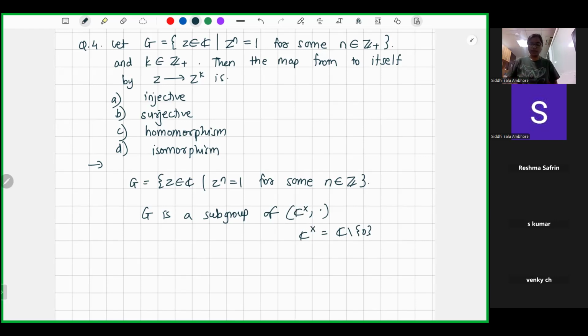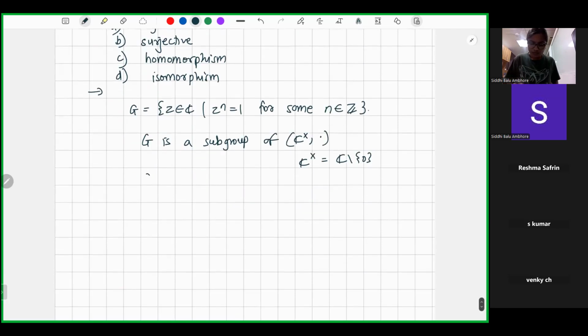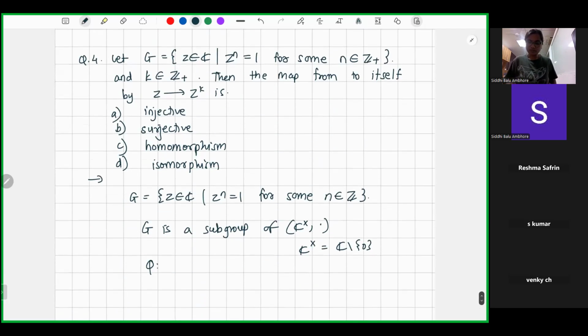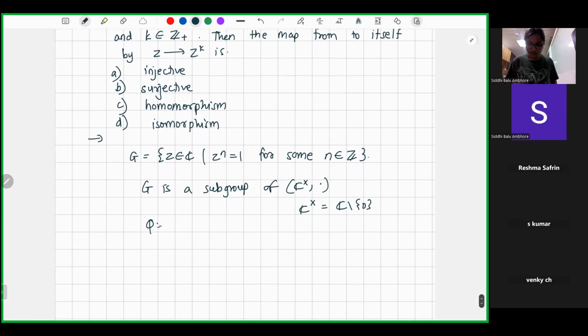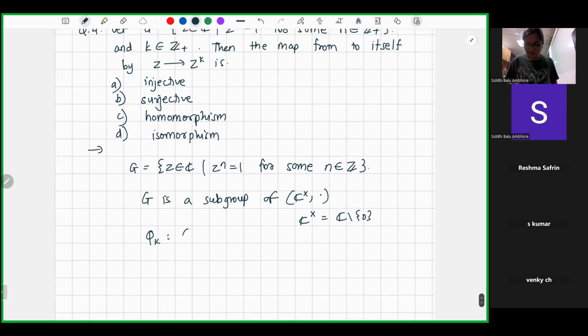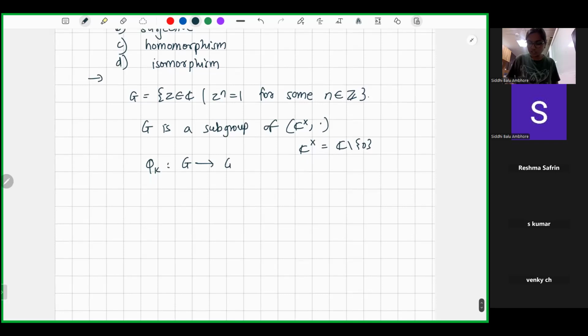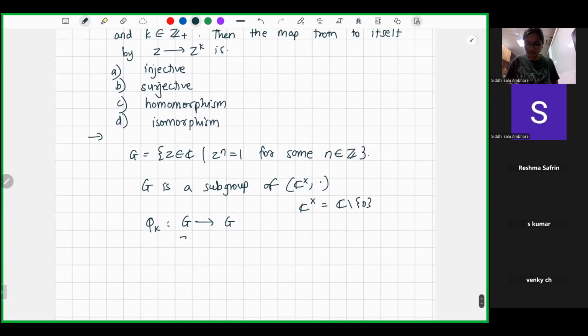And the map, let me call this map p k as before, is from G going to G, with k now fixed. What they are asking is that my z goes to z power k.